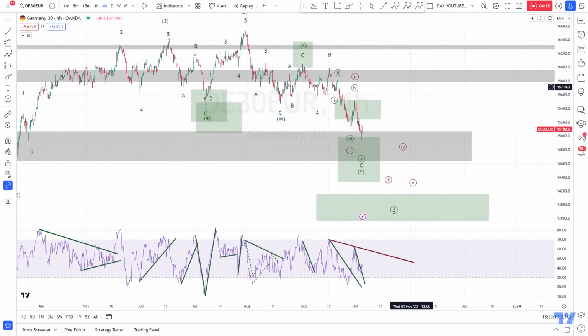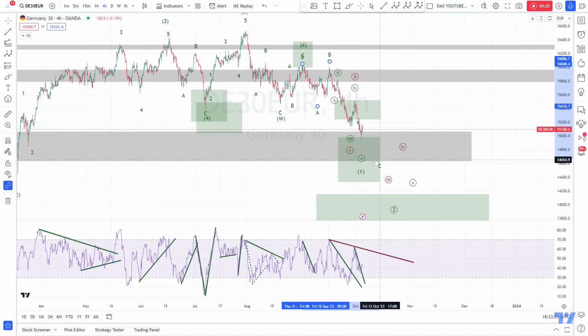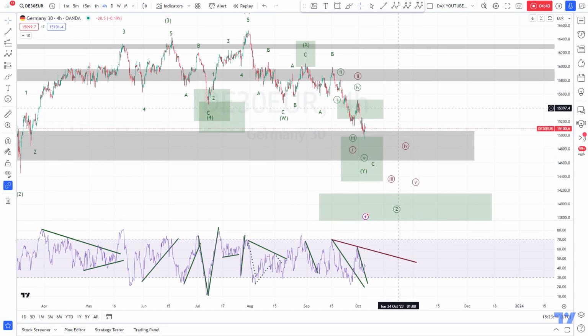Secondly, what could also happen is that this wave C extends. We have our WXY correction, but this ABC structure, the C wave, consists of a long, extended wave C. And this is actually what I have shown here, my scenario in red.